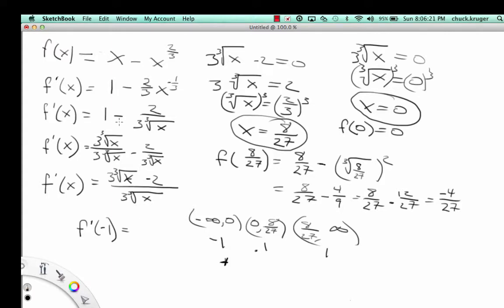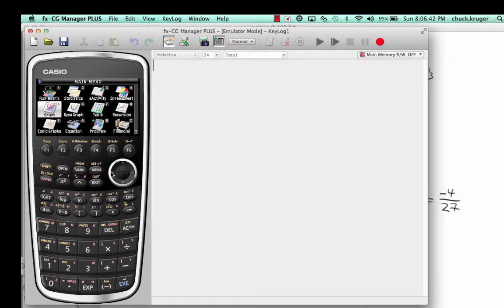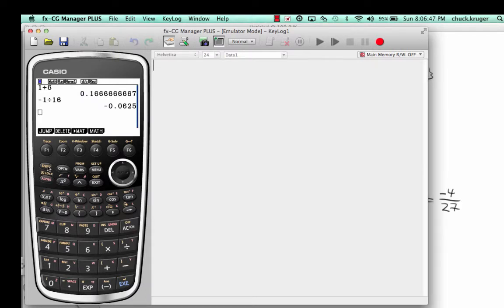Now for the cube root of 0.1, I'm going to go to a calculator and see if I can get some help here. I'm going to go to my menu and take the cube root of 0.1. Let's see, where's the cube root? There it is.